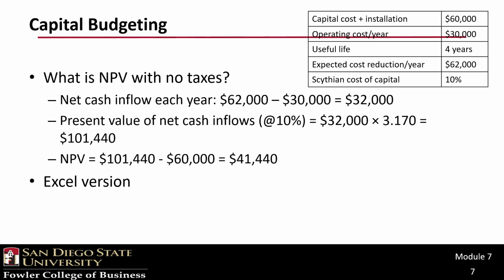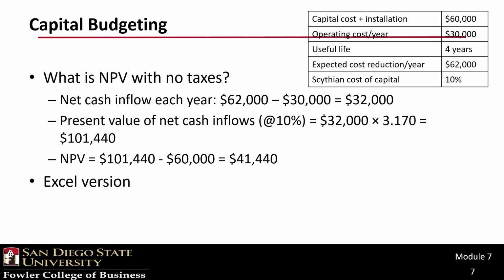Okay, so in our first example, we'll do what is the net present value without any consideration of taxes. The first thing we would think of is what is the net cash inflow each year? And the net cash inflow each year is the $62,000 that it's going to reduce my costs minus the $30,000 of additional costs that I incur. So that's a net of $32,000 of cash inflows.